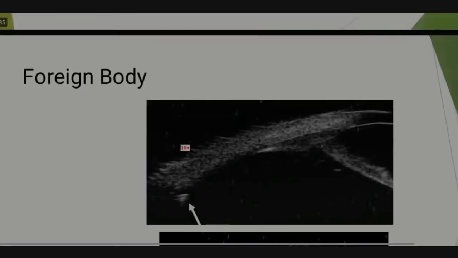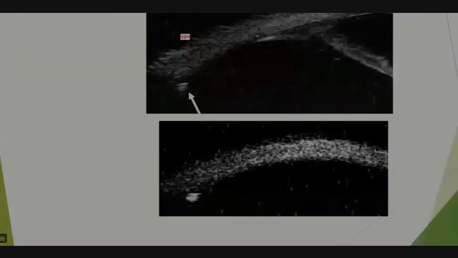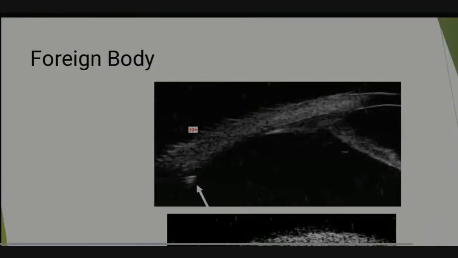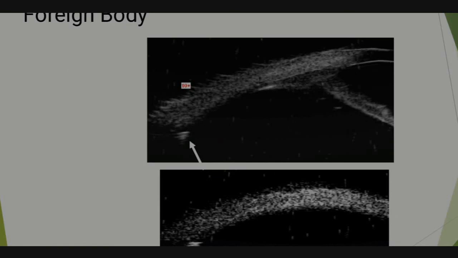Okay. Foreign bodies will show hyperreflective echoes. In the slit lamp, we see which clock hour or position it is in, so mainly we focus on that region and scan. If it is not seen in the slit lamp, and while scanning we find any abnormal hyperreflective echoes, we can note it as a foreign body, but we need to confirm, because it might be an artifact also.